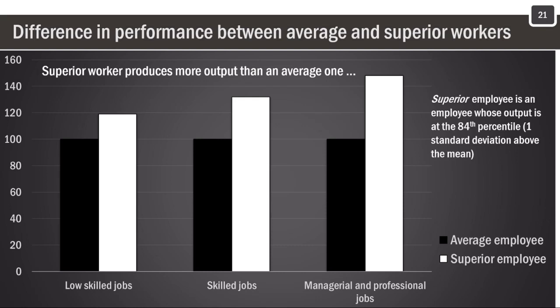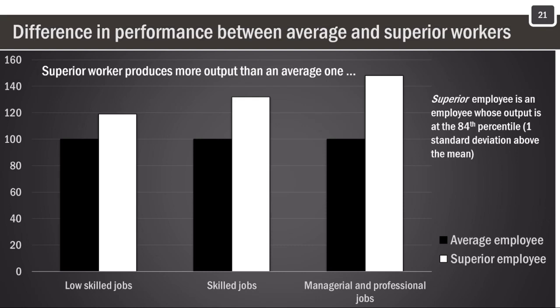for different employees. If we define a superior worker as one whose performance or output is at the 84th percentile, that is, one standard deviation above the mean performer, then a superior worker in a lower skill job produces 19% more output than an average worker.